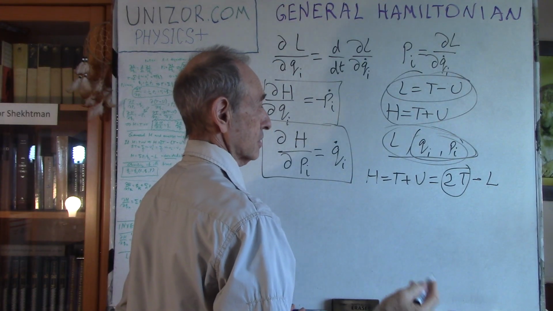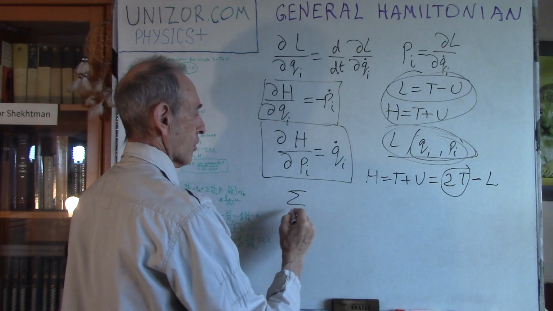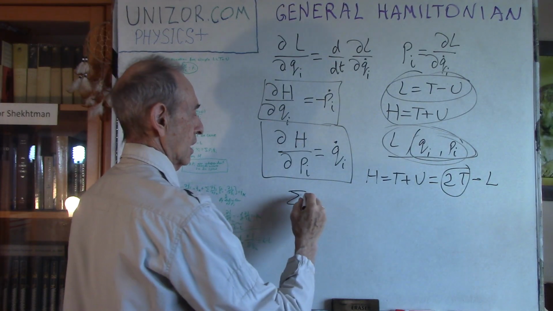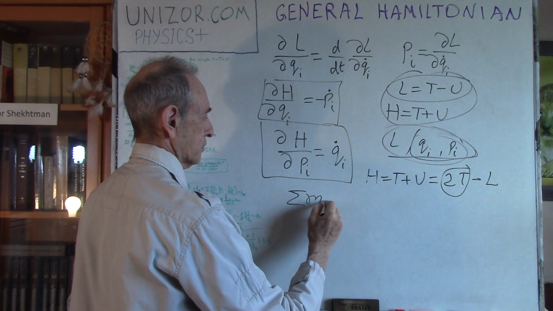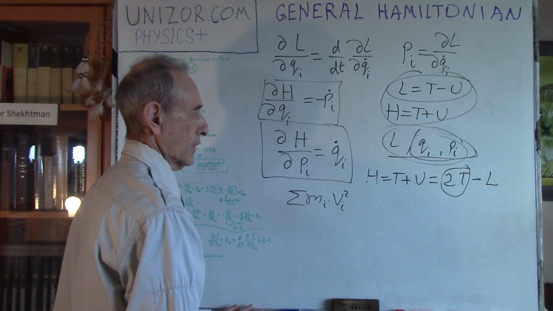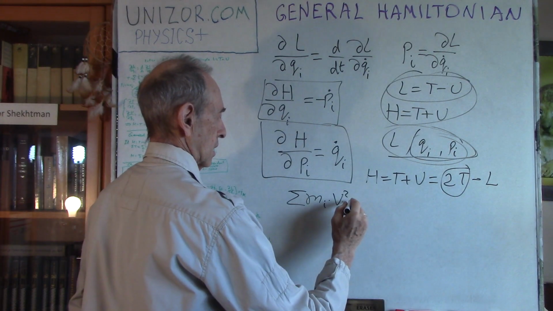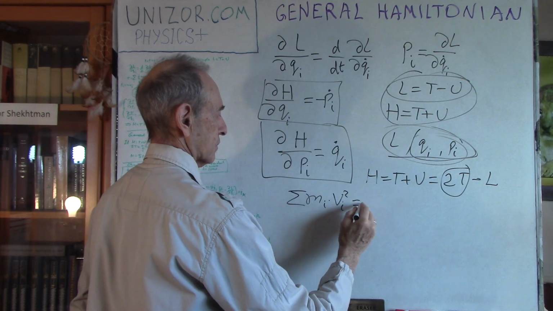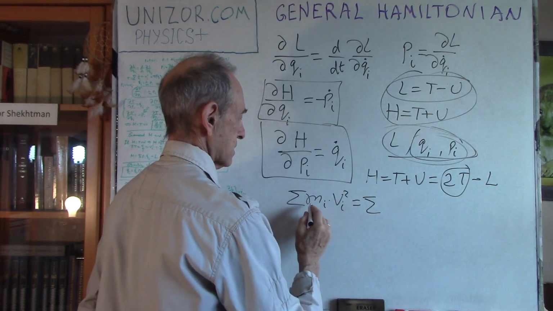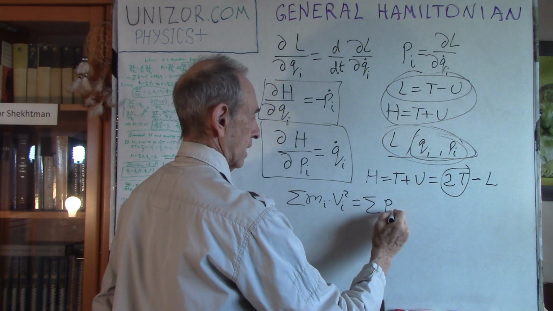Well, this is actually not very difficult because, again, in my very simple formula, kinetic energy is the sum of mass times speed squared, right? Now, the speed squared can be expressed somehow differently. This is m_i times v_i, which is p_i, right?